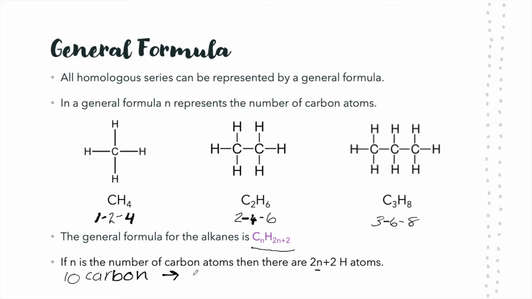So we do 2 times 10 plus 2, which gives us 20 plus 2, which is 22. So in an alkane with 10 carbons, there will be 22 hydrogen atoms.